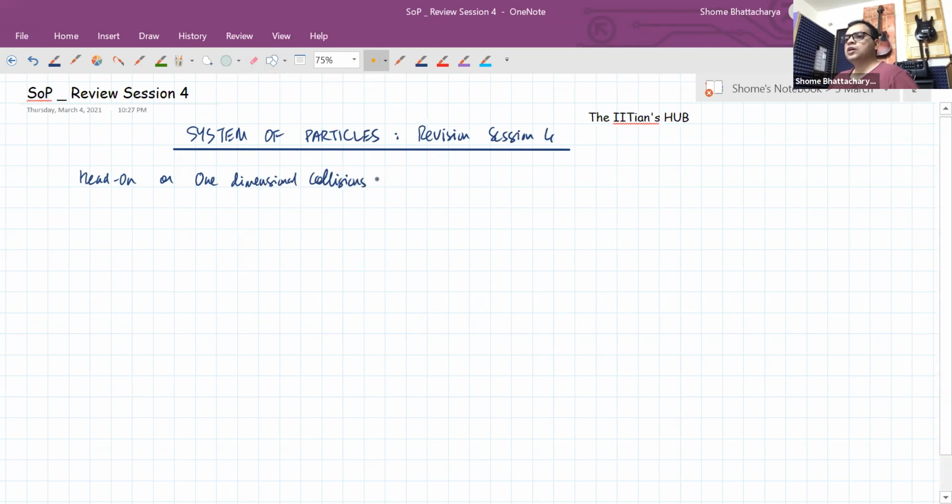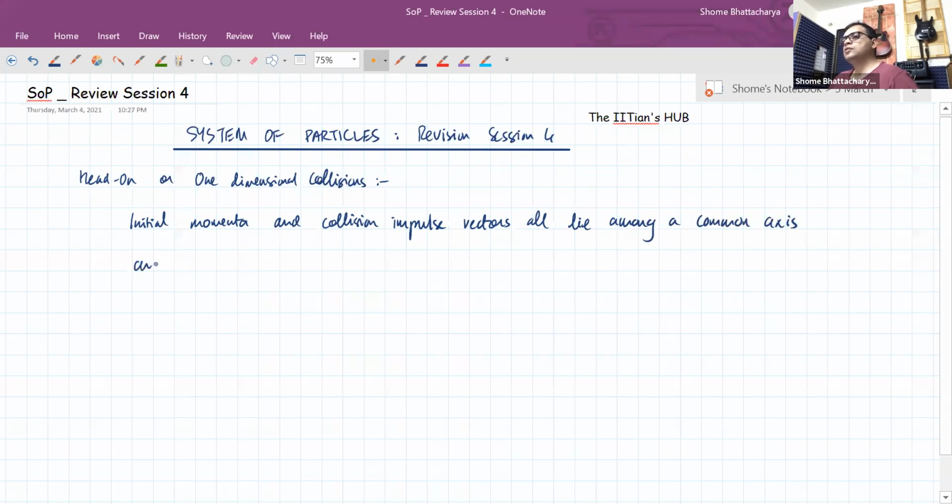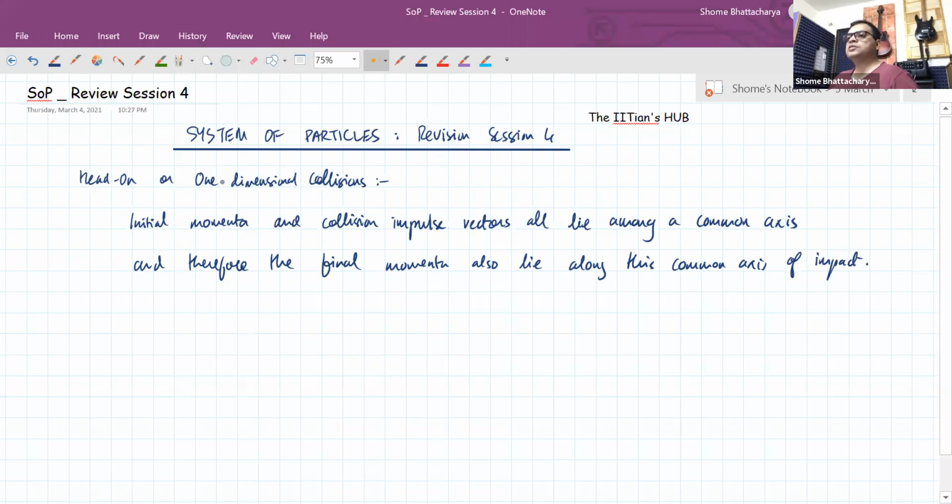These types of collisions, as you know, are classified by the fact that the initial momentum vectors of the two particles which are colliding and the collisional impulse vectors all lie along a common axis, and therefore the final momenta after the impact also lie along this common axis of impact. So that's why it is called head-on or one-dimensional collision.